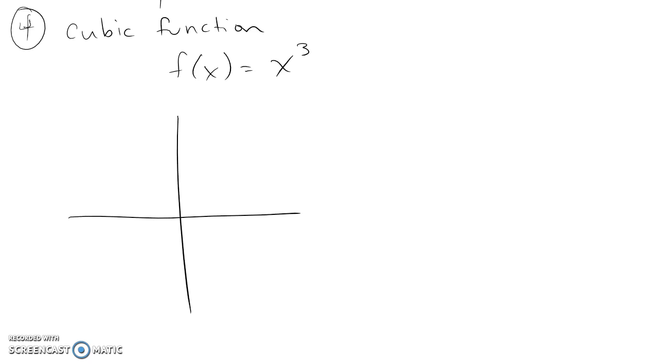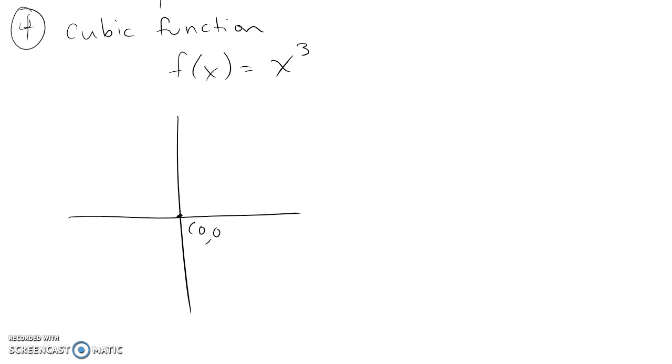Now, unlike the square function that makes every input either 0 or positive, when we input something into x cubed, you could get a positive, a negative, or a 0. It all depends on the input. Positive inputs give us positive values, 0 gives us 0, and negative inputs give us negative values.